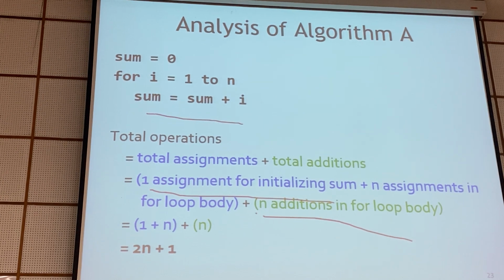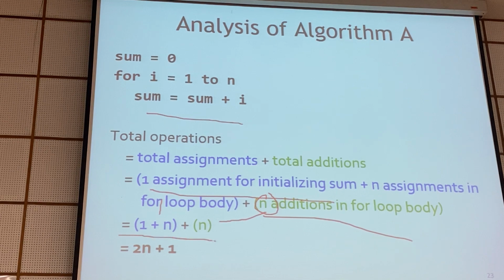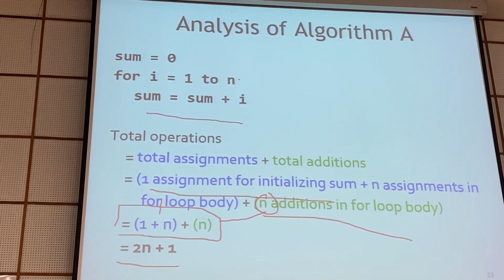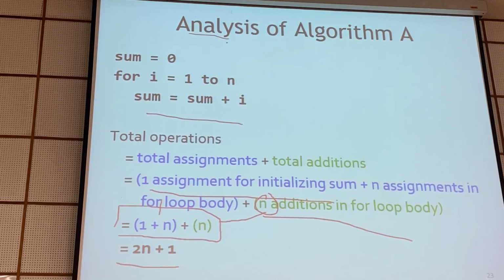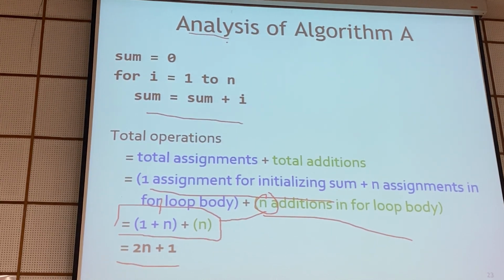So see this value here, I just translate it here. I add all this up and this is the value again. This is analysis. We are analyzing it by counting the primitive operations.